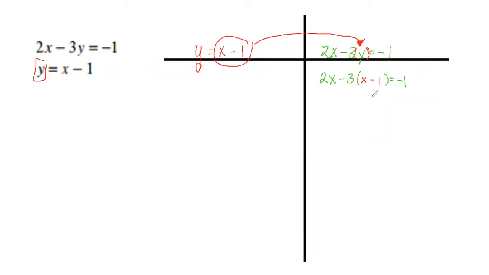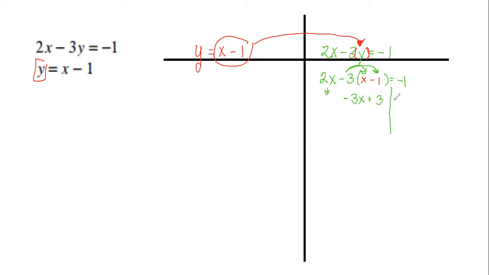All right, so now that I did that, we have all x's and we can actually simplify this. So I'm going to draw my line. First, I see parentheses, so I'm going to distribute. You need to make sure to remember I'm not just distributing 3 here, I'm distributing a -3 here. So -3 times x is -3x, and -3 times -1 is +3.